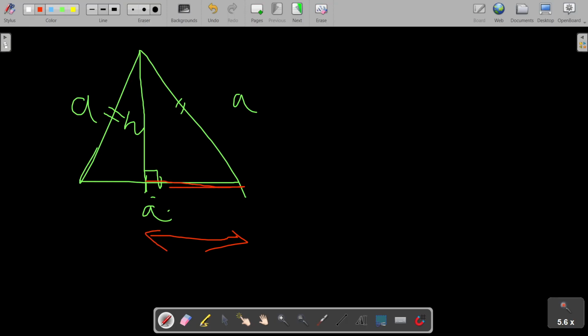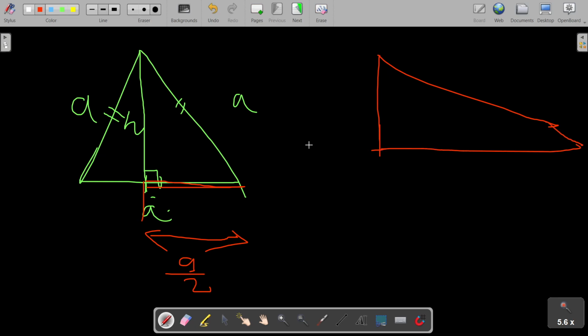For this right angle triangle, the base is a by 2, the half of a. So let me draw that right angle triangle here. This thing right here is a over 2. I need to find the height. This is the height, and this is the hypotenuse.